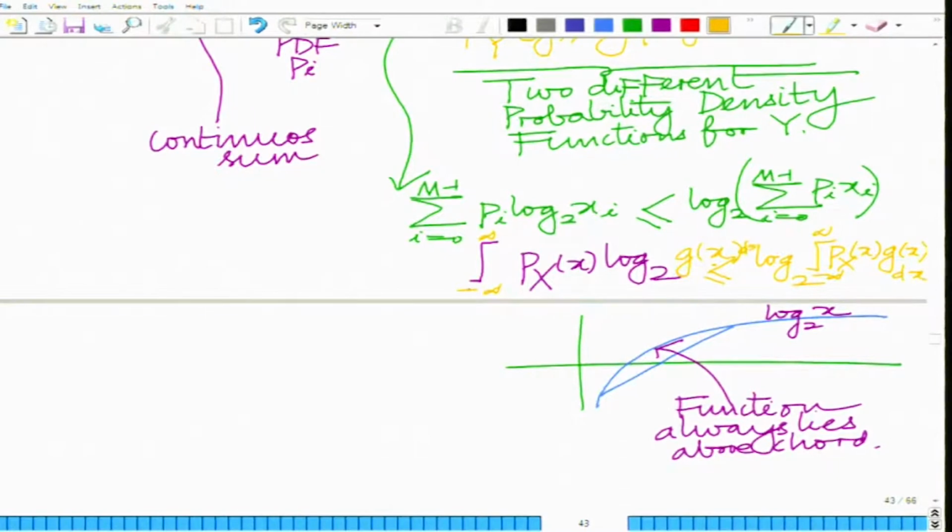Of course, there has to be a dx here also. So basically you can extend this to a continuous integral, which is a continuous sum.